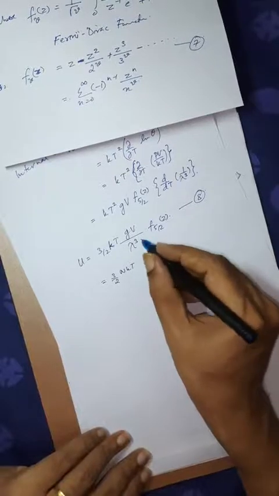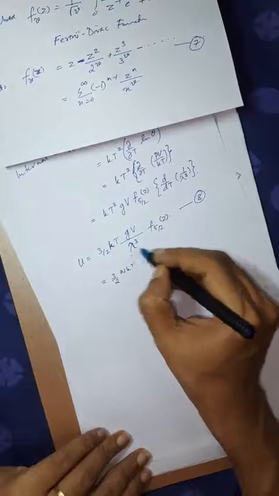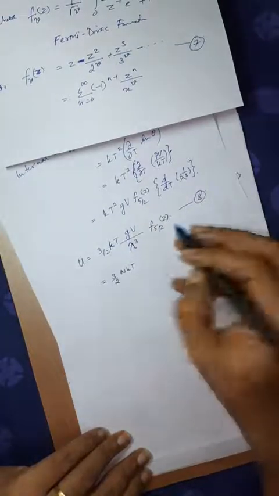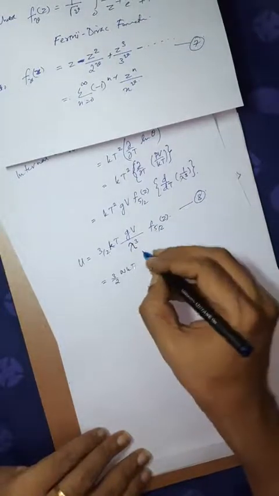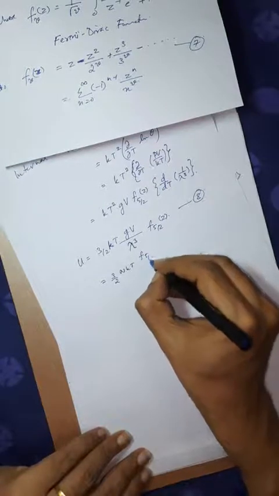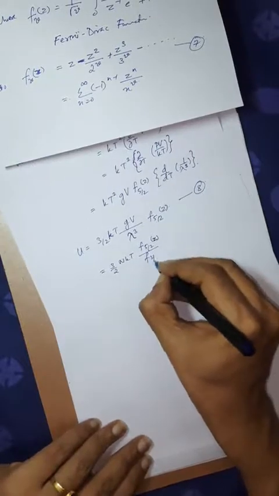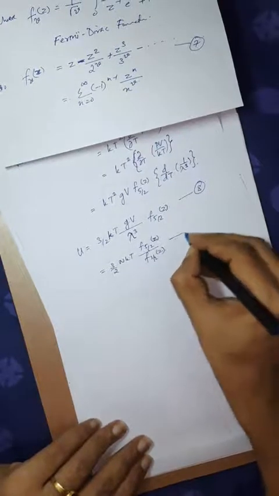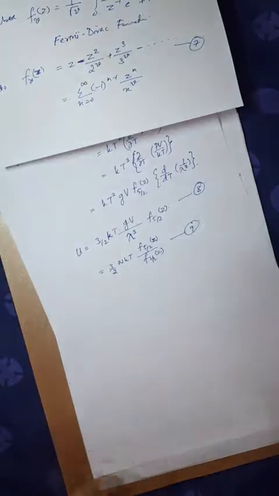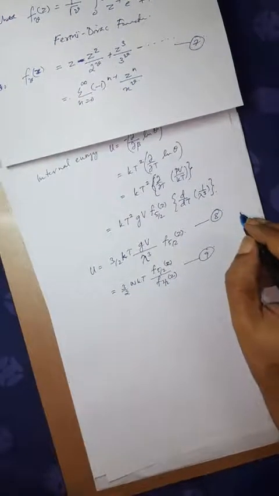Like previously, I will take care of this lambda cube: instead of lambda cube, I will put the N by V. We have already done that some time back. Times f of 5 by 2 z divided by f of 3 by 2 z. Right. So this is the expression possible for my U.